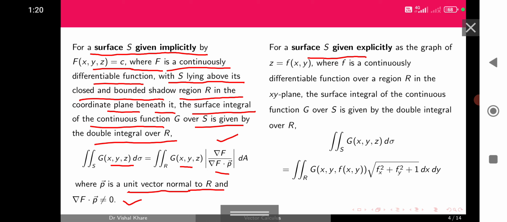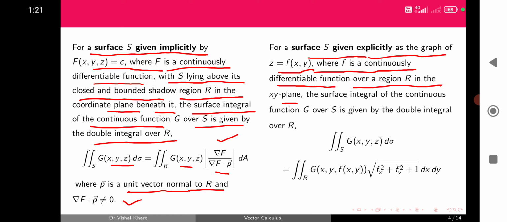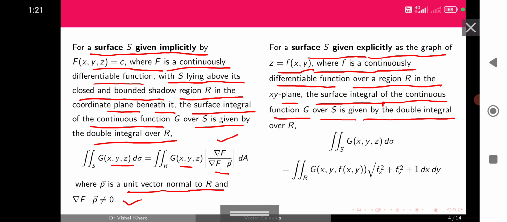For a surface S given explicitly as a graph of z = f(x,y), where f is a continuously differentiable function over a region R in the xy plane, the surface integral of the continuous function g over S is given by double integration g d sigma is equal to double integration g(x, y, f(x,y)) times root of f_x squared plus f_y squared plus 1 dx dy.